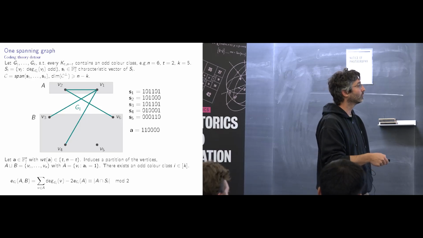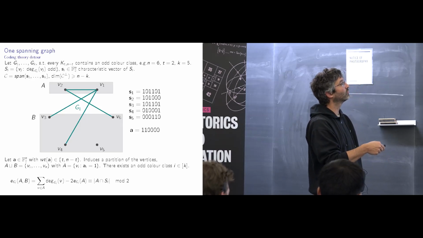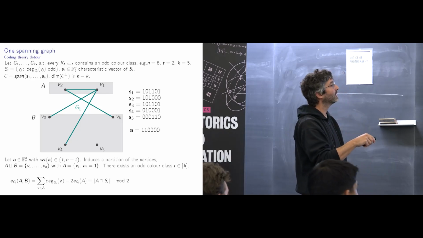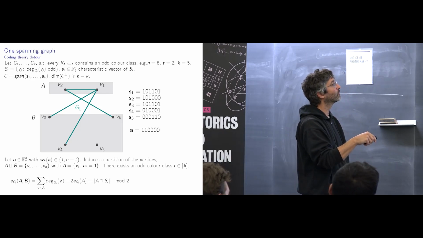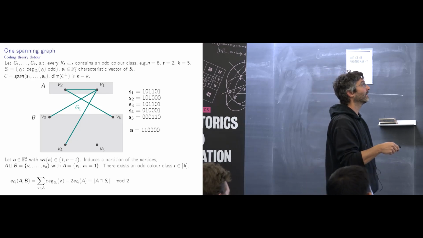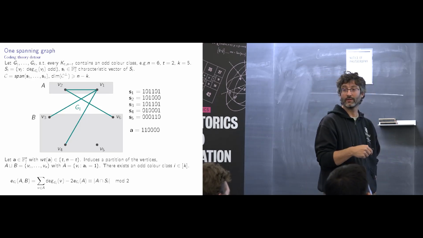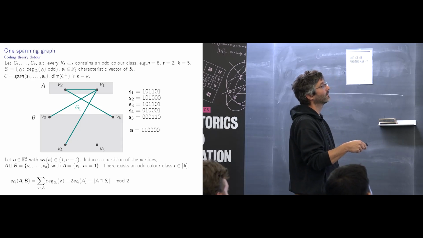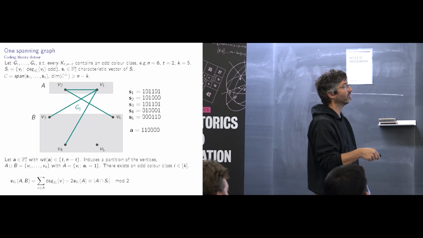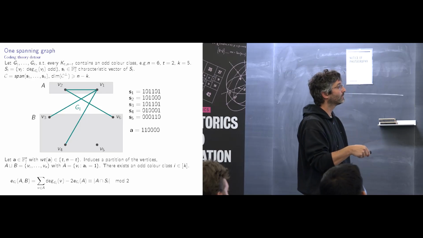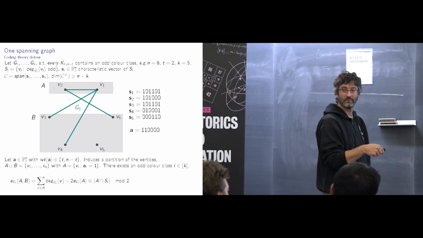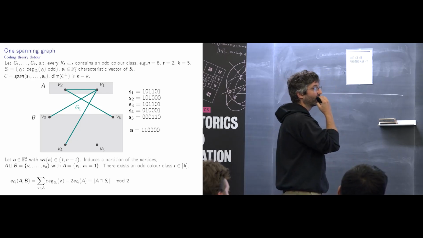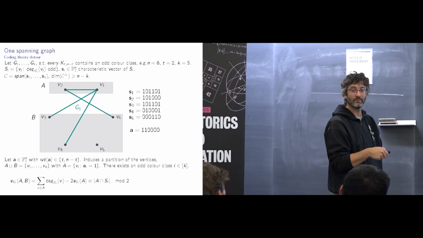The coefficient that is twice the number of edges you don't care about. So you're just counting the degrees in A that are odd: if a degree is even, it contributes 0, while if it's odd, it contributes once. So now I'm counting the number of vertices in A that are odd in my graph.